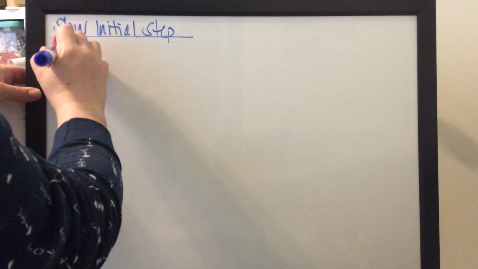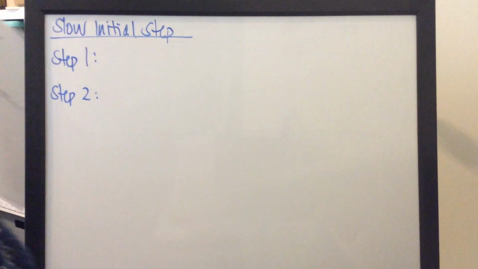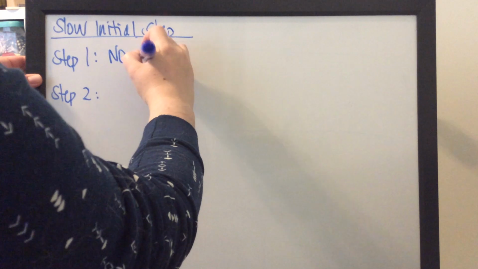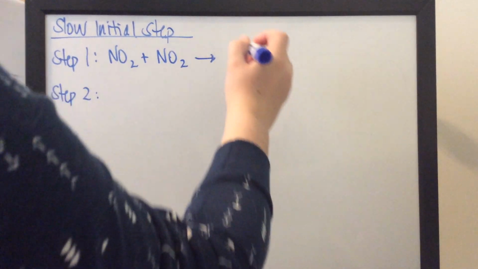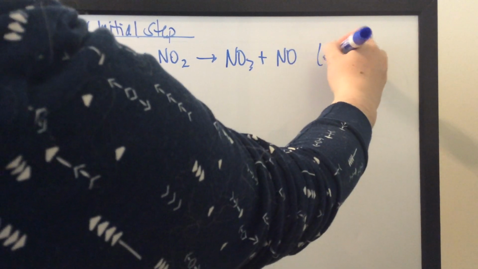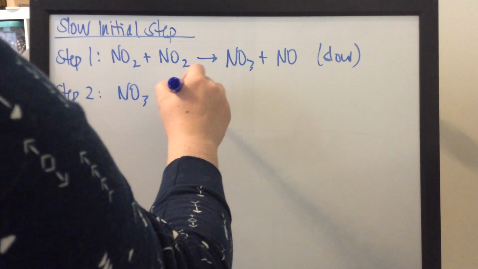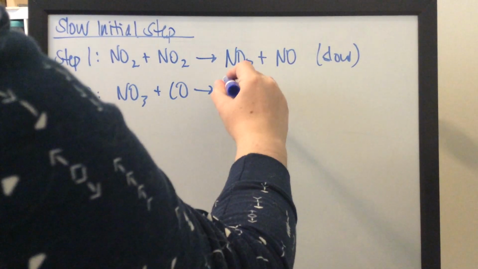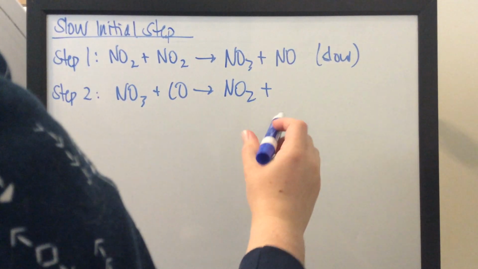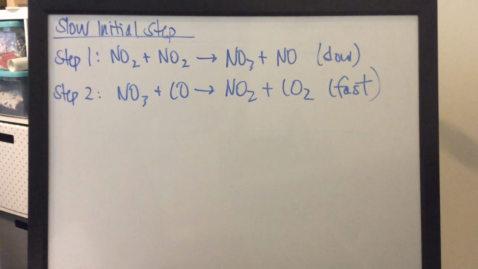It says consider a mechanism, and we have step 1, step 2. This is the slow step, and then we have this, and this is the fast step. Okay, so this is on your paper.